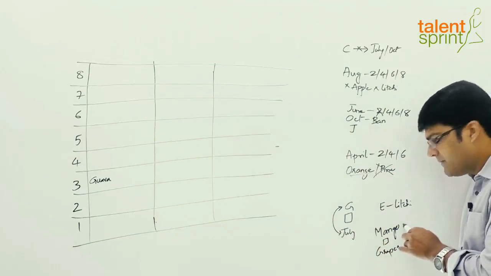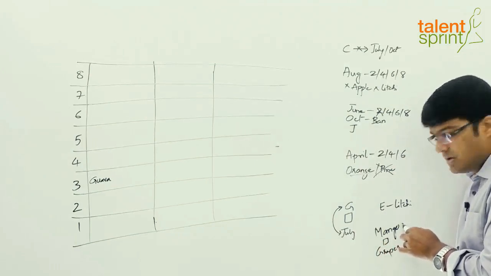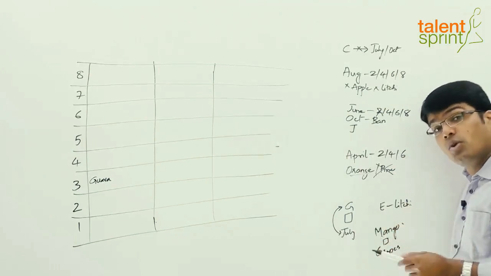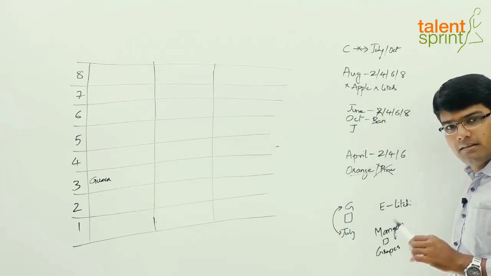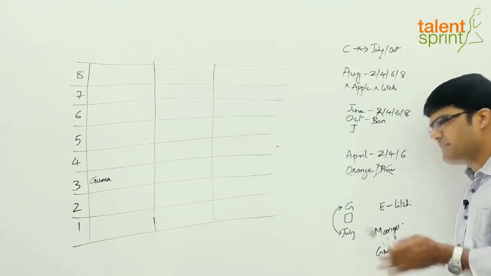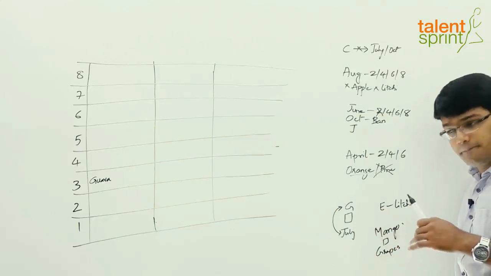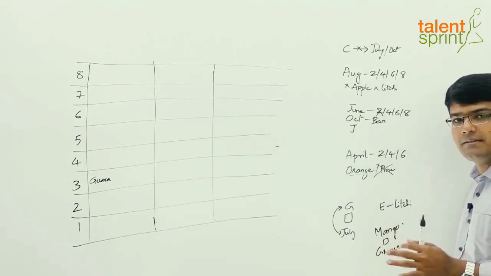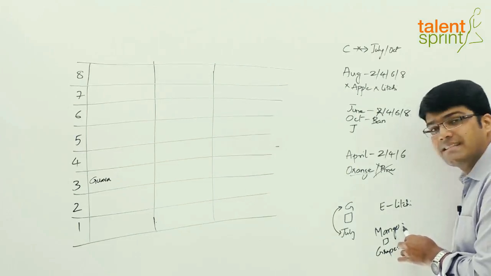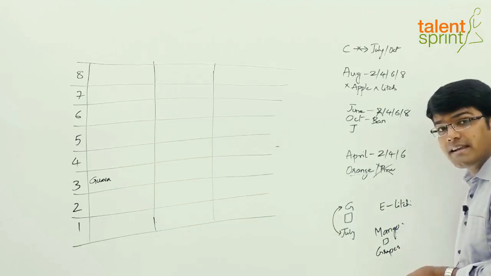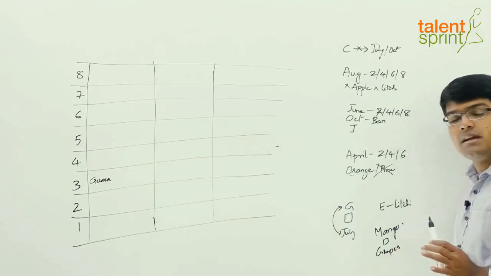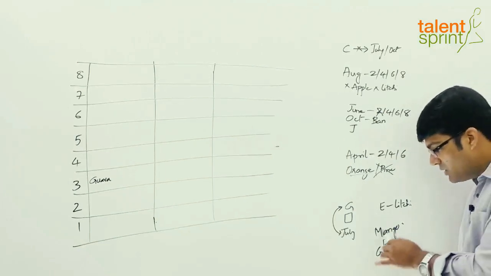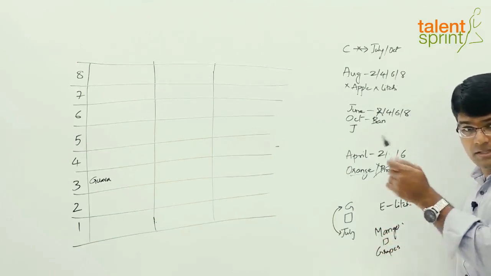If mango is on 8th floor, then grapes can be on 6th or 4th or 2nd, because the point only says that grapes is below mango. Similarly, if mango is on 6th, grapes can come on 4th or 2nd. If mango is on 4th, grapes can come on 2nd. Remember, both the fruits are for even numbered floors only, as per the previous point.